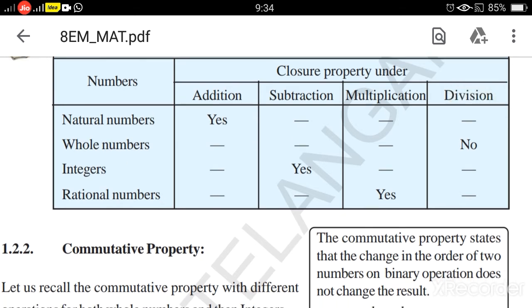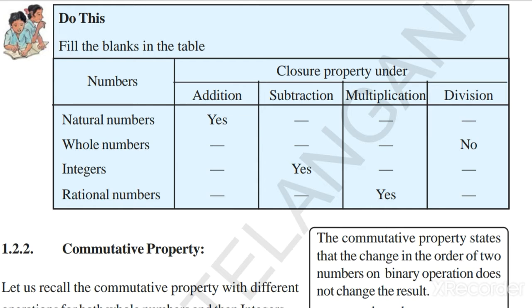You have to write this table in classwork. Before writing this, you have to write the definition. Yesterday in class I gave the definition of the rational number, then you write this in the classwork.